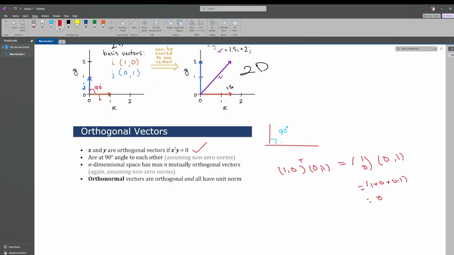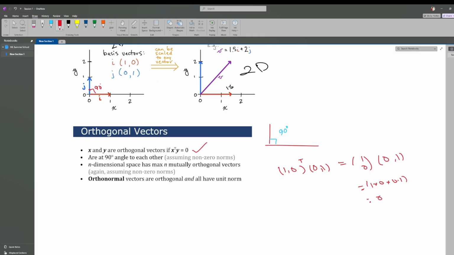Now you can see it is 90° again. Why did I use these two? Here the i vector is this unit basis vector, and the second one, you can easily see the 90° between them. So these are orthogonal vectors, and we can easily check that using dot products.